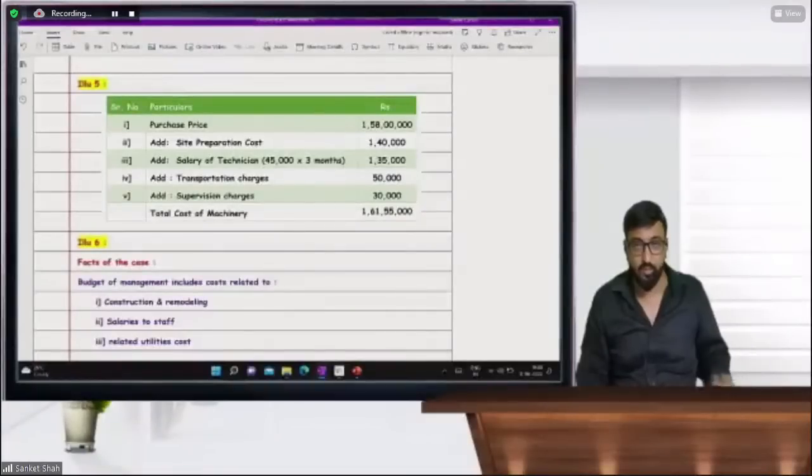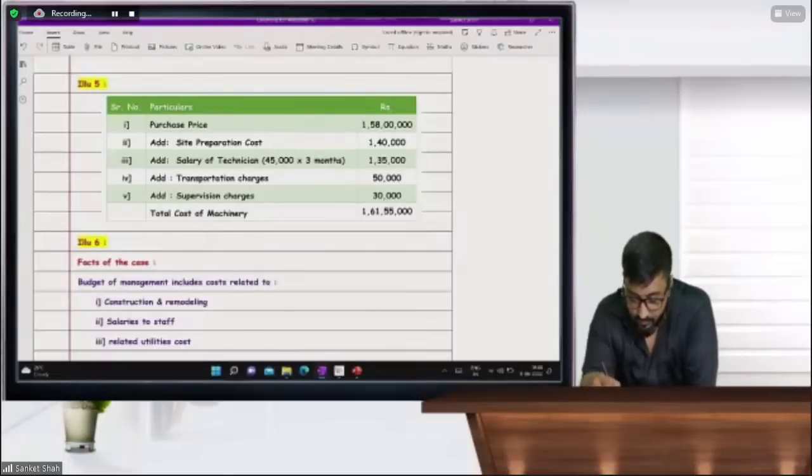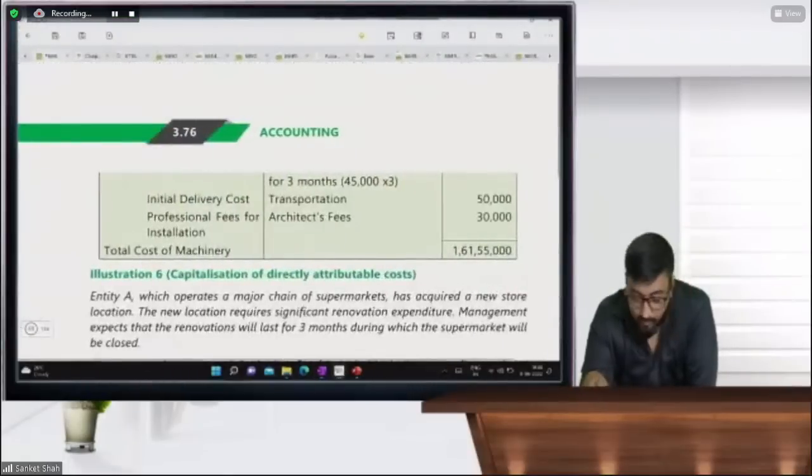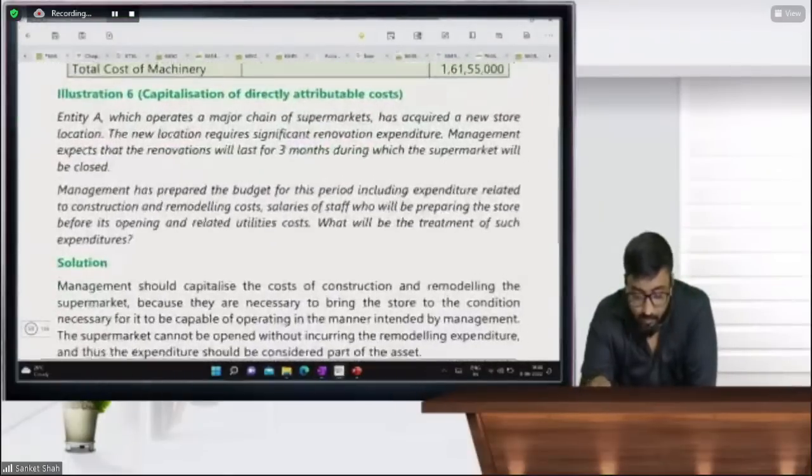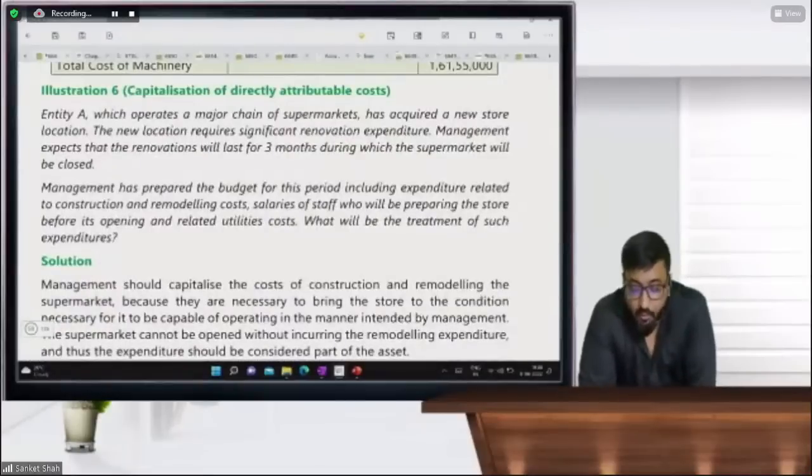Chaliye, let's move to question number 6. Entity BA, which operates a major chain of supermarkets, has acquired a new store location. The new location requires a significant renovation expenditure. Management expects the renovation will last for 3 months, during which the supermarket will be closed.